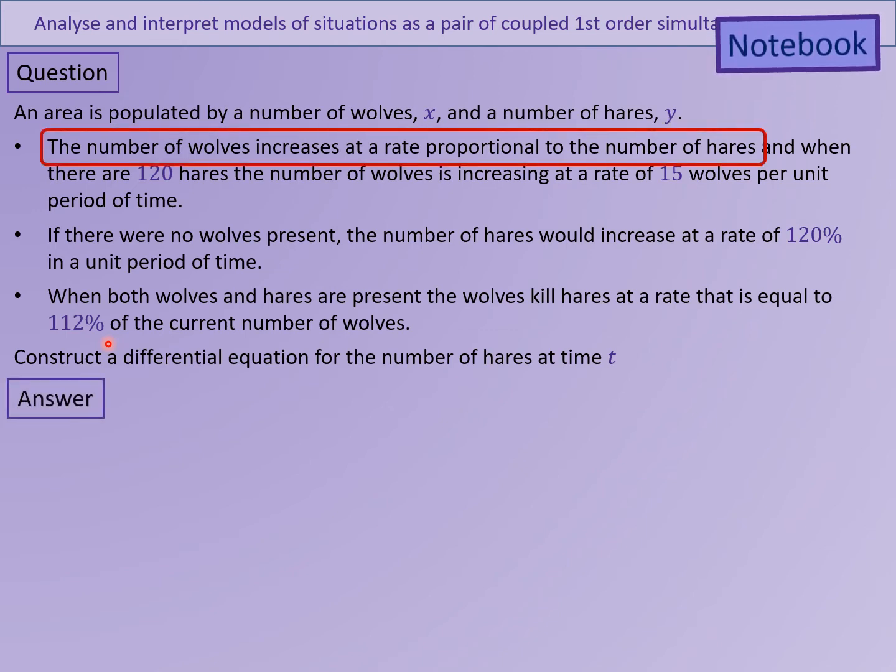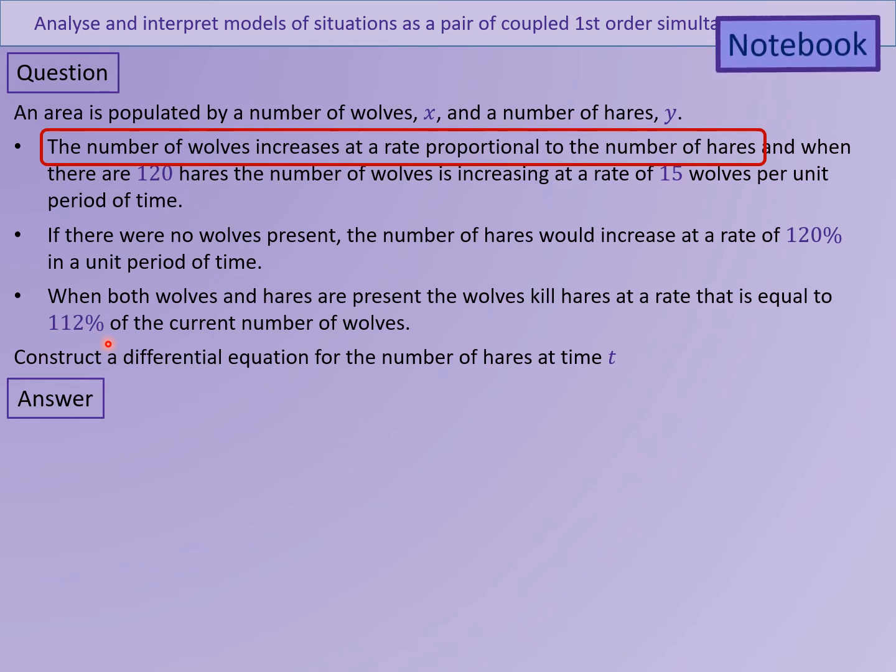Okay, so the first thing I'll do is go through each of the parts and see if I can work out what they're actually telling me. Let's take this first bit. The number of wolves increases at a rate proportional to the number of hares. Because it's talking about rates, it's talking about change in x or y over time.